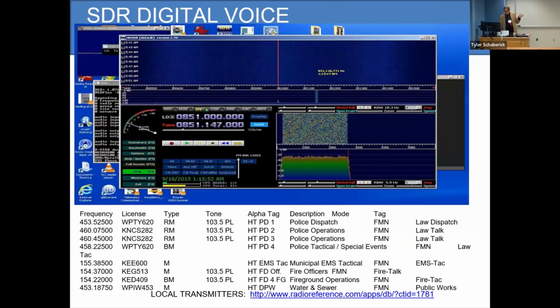Anyhow, I had this set up in my own house in Hamilton Square, and up until very recently, it was narrowband FM. So I could select a frequency, close to 400 megahertz, and hear my local police.